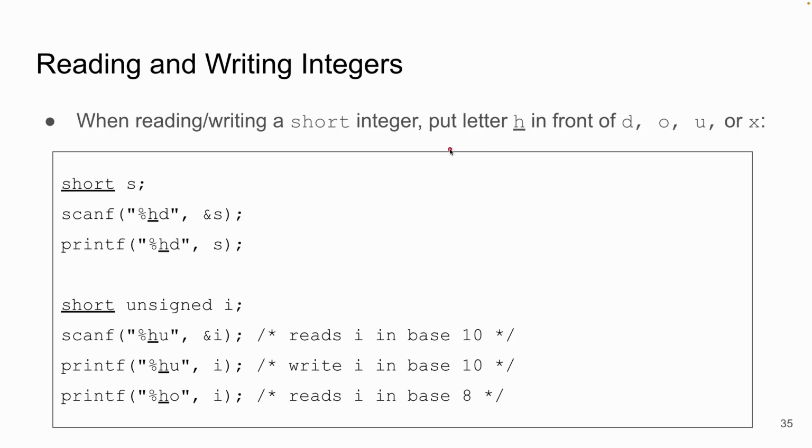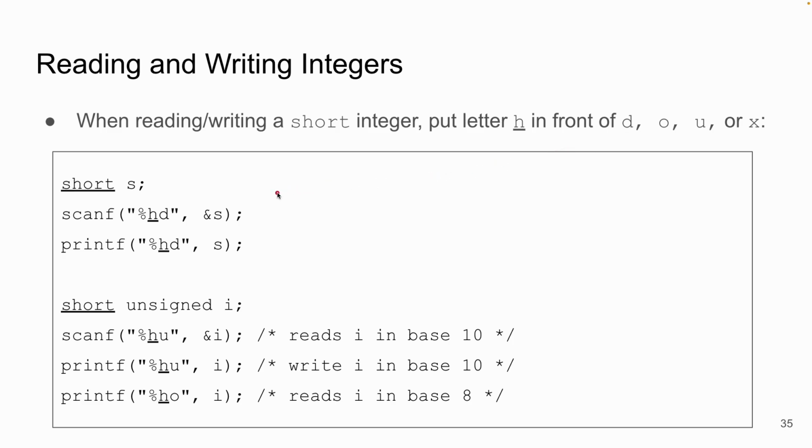For example, if we want to say that this is a short integer in the decimal format, then we need to write down %hd. So now you know the meaning of d, right? The meaning of d is for decimal. So that means that if we use %d to read the number, it will be in the decimal format.